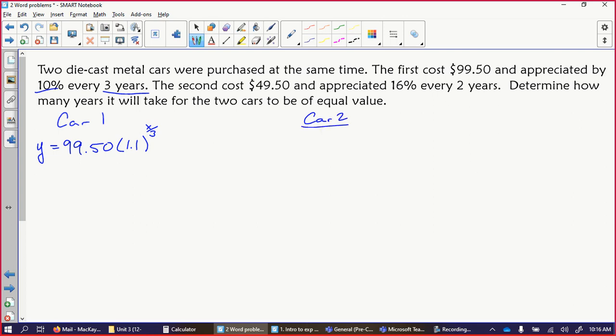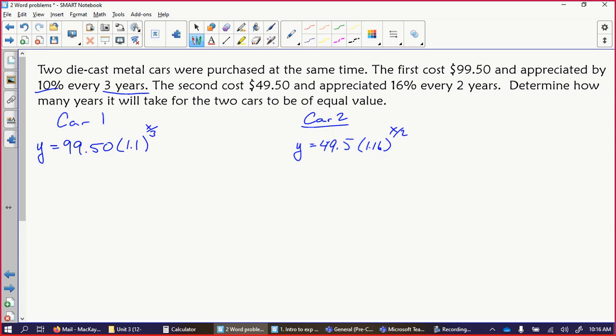Car 2 had an initial value of $49.50, appreciated by 16% every 2 years. That zero is redundant. 1.16. Determine how many years it takes for the cars to have equal value.